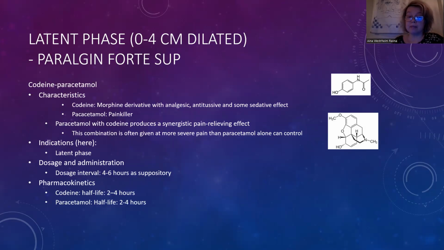And paracetamol is a painkiller, a weak painkiller. Codeine and paracetamol taken together give a synergistic pain-relieving effect. And this combination is often given at a more severe pain than paracetamol alone can control.